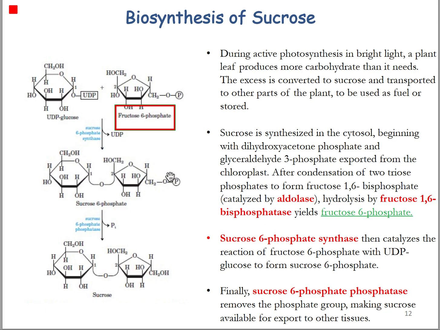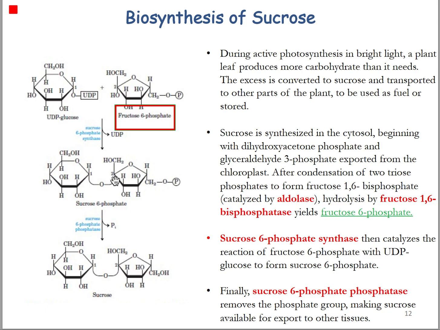Then sucrose 6-phosphate phosphatase trims the phosphate group, releasing sucrose containing glucose and fructose. During active photosynthesis in bright light, a plant leaf produces more carbohydrate than it needs, and the excess is converted to sucrose and transported to other parts of the plant to be used as fuel or stored.